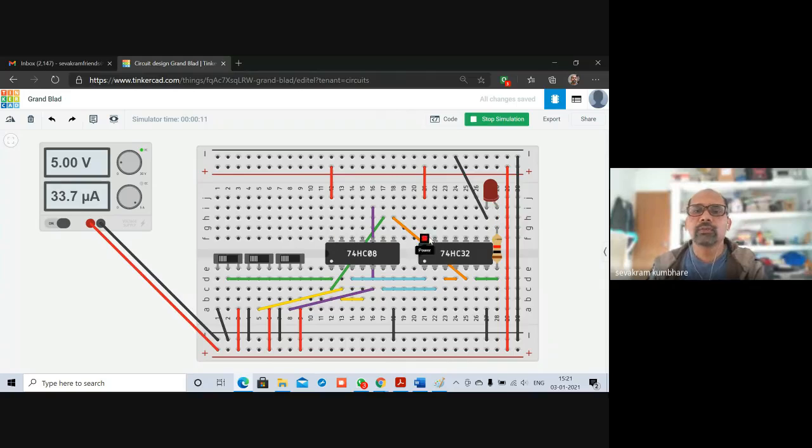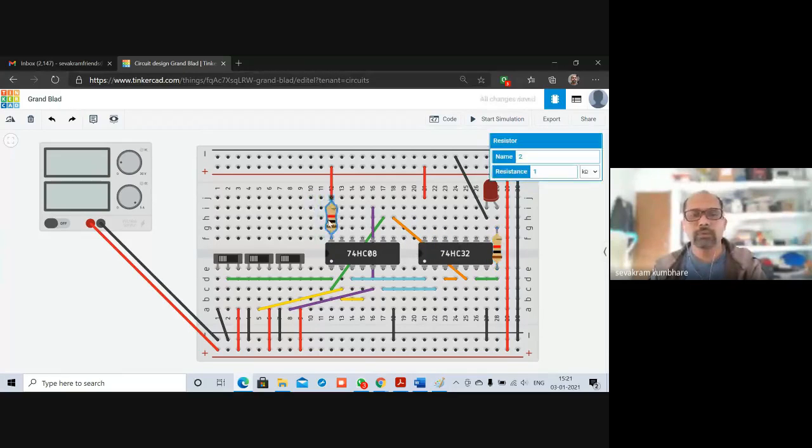So what I can do, I can connect LEDs like this over here in order to see the status. So I'll stop simulation. I'll copy this.